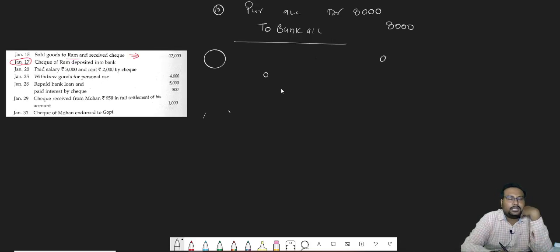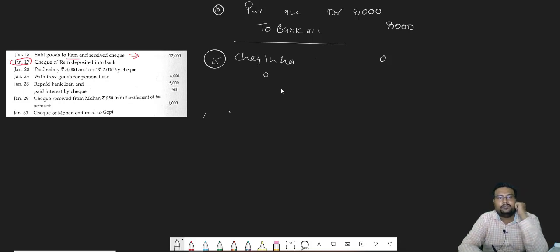Generally it is deposited on another day, so we will write down the check in a different way, and that is known as check in hand. So what thing is coming on 15? Sold goods to Ram and received a check. So check in hand account debit.